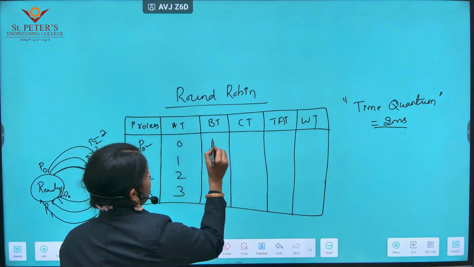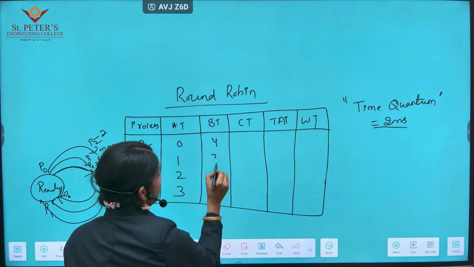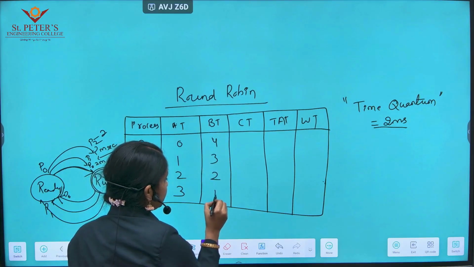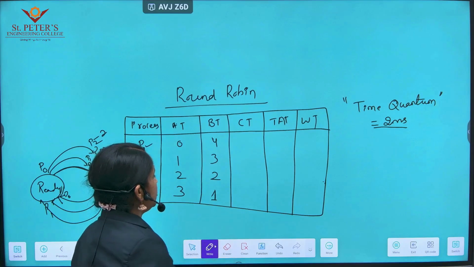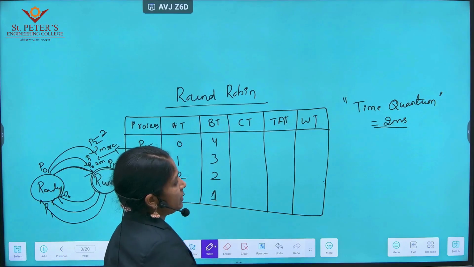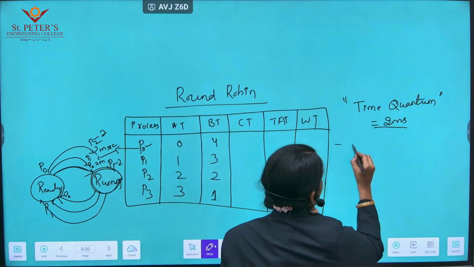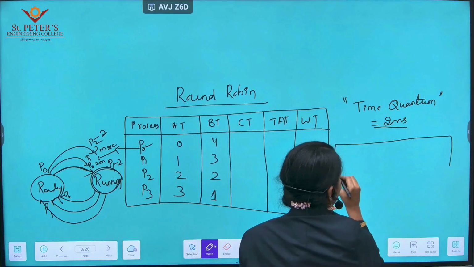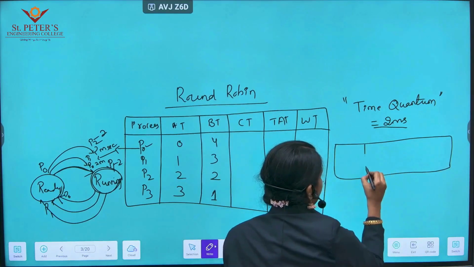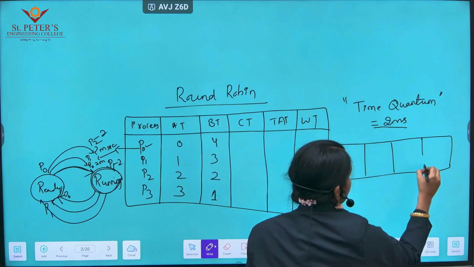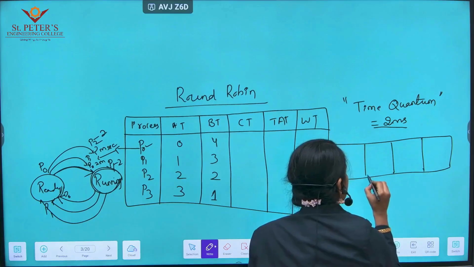Burst times I am taking as 4, 3, 2, 1. So here I am drawing a Gantt chart to understand it very well.